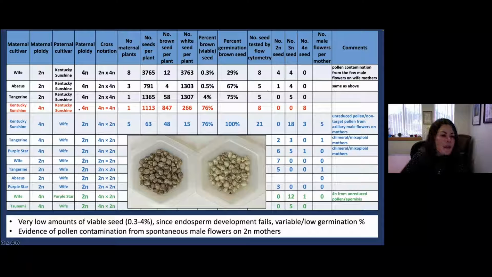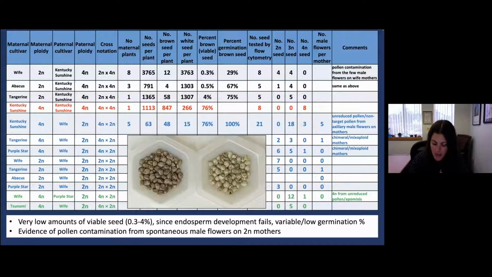We did have a tetraploid mother in this greenhouse section at the time of this experiment, and it set a lot of seed. This was about a 3-foot tall by 3-foot wide plant, and a large amount of those seeds were viable. So this cross worked, but the 2N by 4N crosses really did not work at a commercial scale for sure.